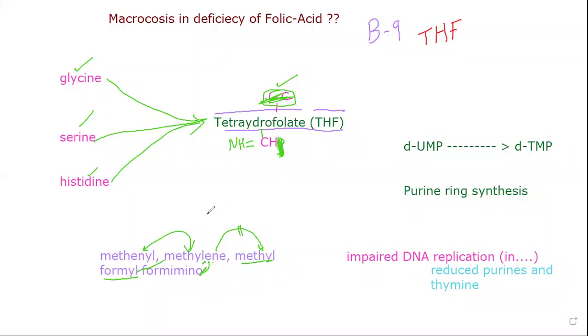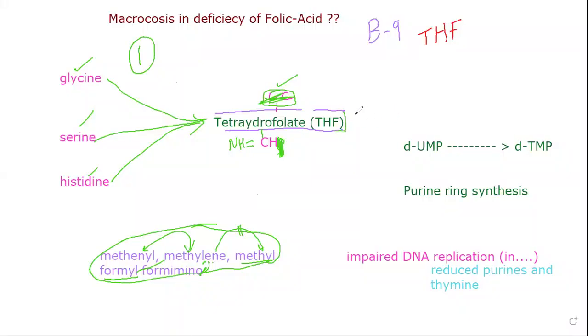At the moment, enough to say that one carbon units are interconvertible. Once bound to tetrahydrofolate, it can be oxidized or it can be reduced. So virtually, there is no difference between these various one carbon units. So we finish with this first question, how one carbon units are acquired by tetrahydrofolate.